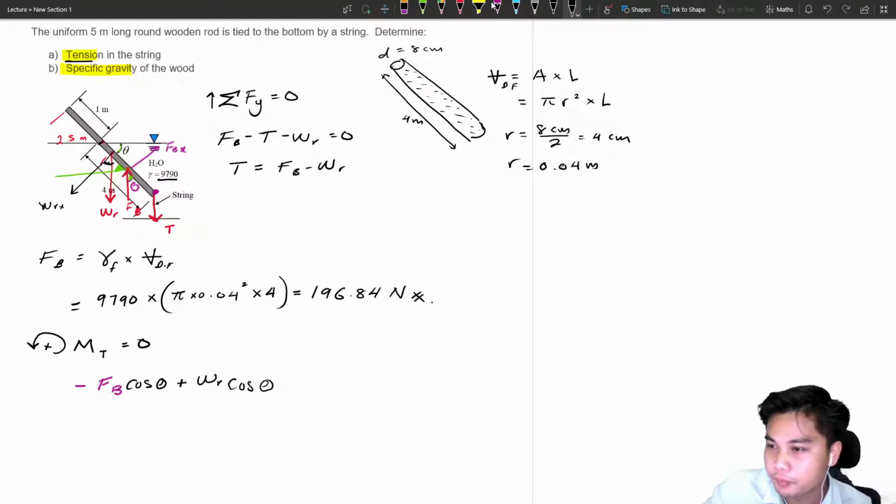This theta is the same as this theta, in order to get this cos, horizontal. And then equal to, do we have any other forces? Equal to 0.